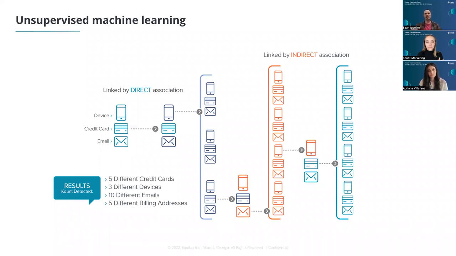So I want to quickly illustrate this story on screen. I've seen countless scenarios similar to this before. Say we start with one transaction. This is your transaction, and there's a lot of information related to that order. We have device, credit card, email, all sorts of things.